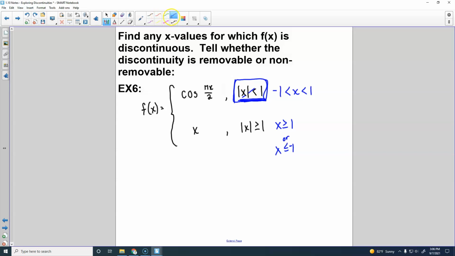So, if you get this weird notation here, I like to rewrite it this way because I like to put the lowest first. X is less than or equal to -1. When that happens, you just have an x. Then you got this middle part, cosine of pi x over 2. That's -1 less than x less than 1. And then x is greater than or equal to 1.